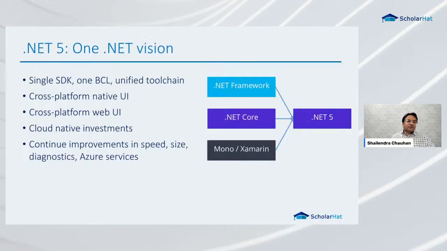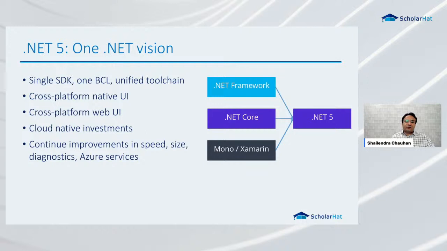So first, understand what .NET 5 is. Microsoft introduced .NET 5 with the One .NET vision, because before .NET 5 we had 3 different versions of .NET. We had the .NET Framework, we had .NET Core, and we had Mono, which we used for building mobile applications.